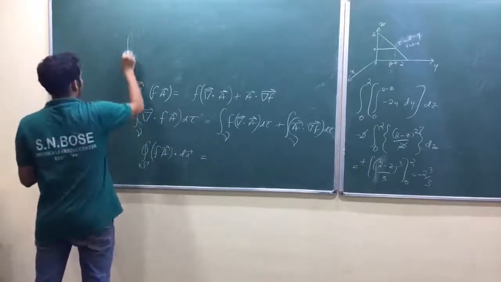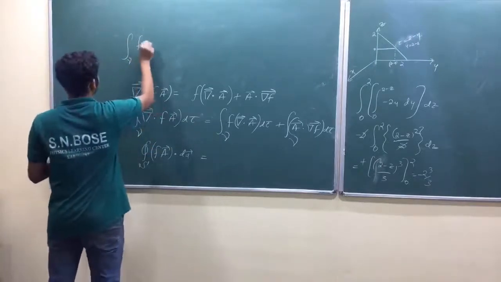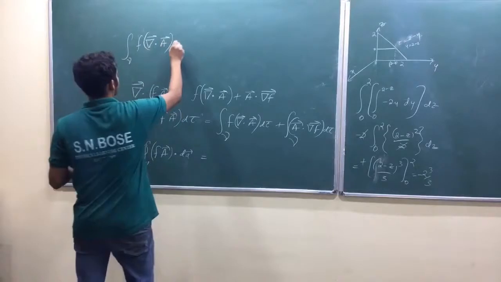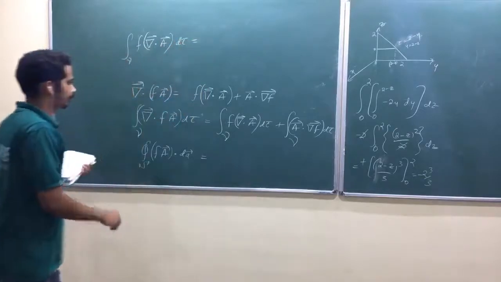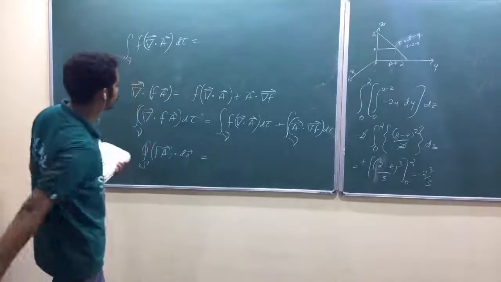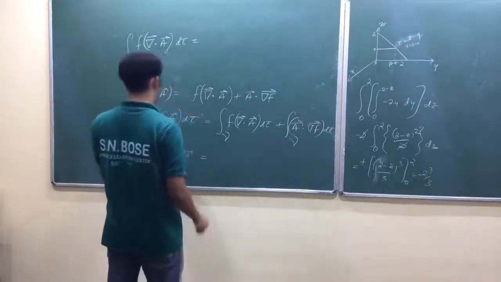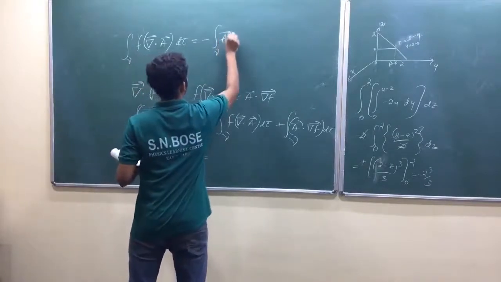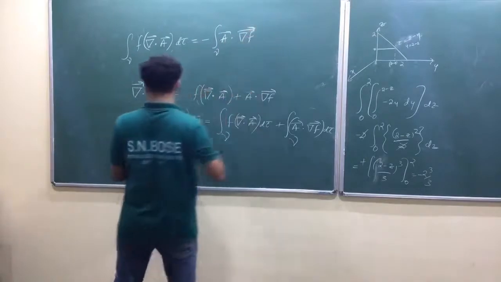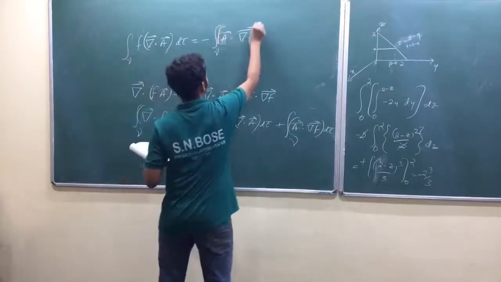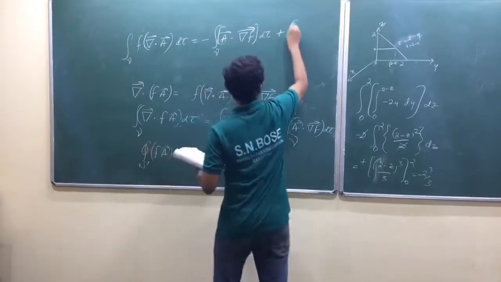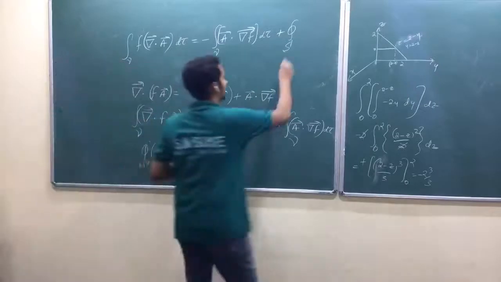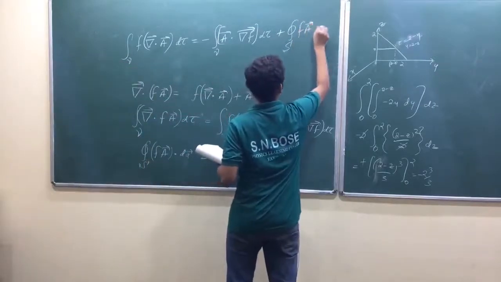So the volume integral of f del dot A d tau, he's solving for this one, is equal to minus the volume integral of A dot del f d tau plus the closed surface integral of f A dot dA vector.